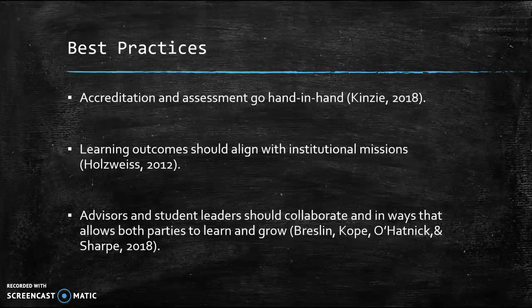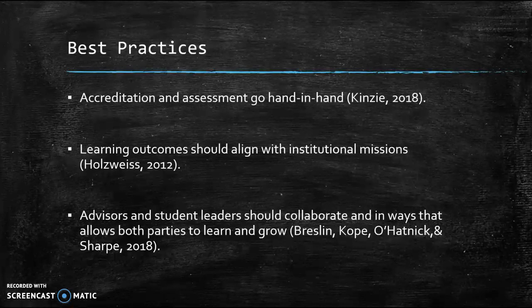So when accreditors are coming out to look at different programs, they should really be taking a close look at these student learning co-curricular outcomes as well, because those are important to the whole learning process as well. And the collaboration really needs to happen both in a curricular setting and a co-curricular setting as well. Learning outcomes should align with institutional missions.